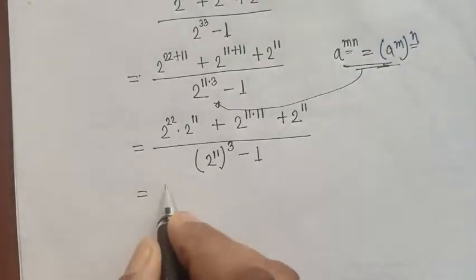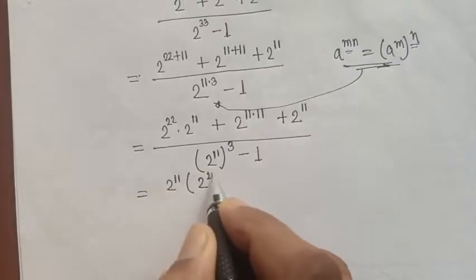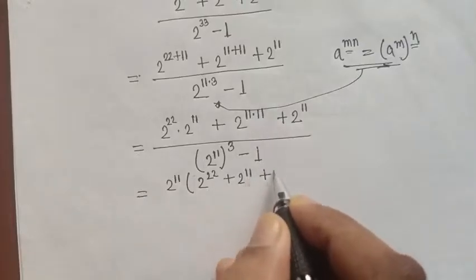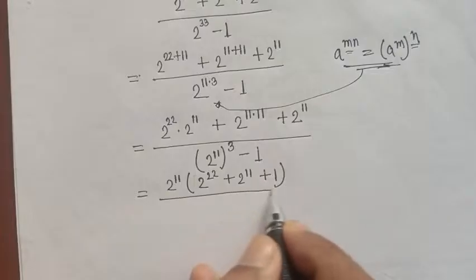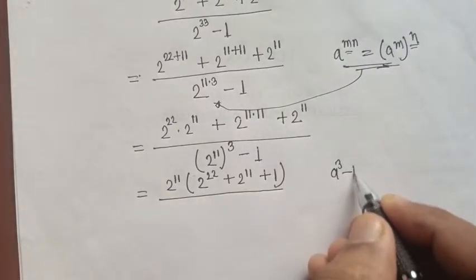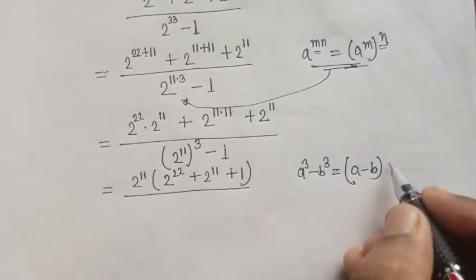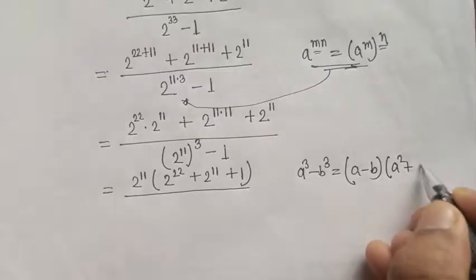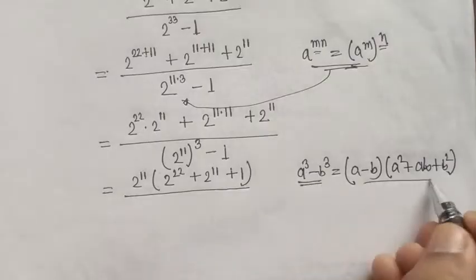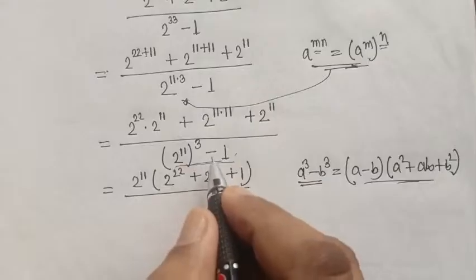Now we take common 2 to the power 11 and this part will be 2 to the power 22 plus 2 to the power 11 plus 1 by. Now we have the formula, apply the same here, that is 11 to the power 6 minus 1.